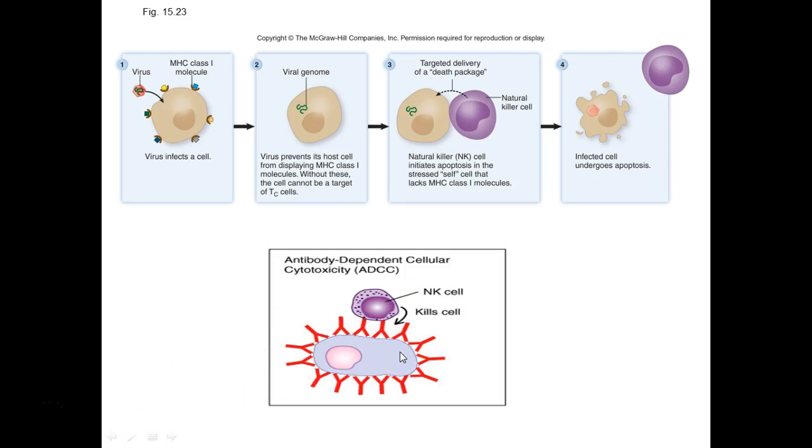So it's killing that cell because the antibody is recognizing it. So this process of an antibody and a natural killer cell killing a cell is referred to as antibody dependent, right? You've got to have the antibody for this to happen. Cellular, because it's a cell. Cytotoxicity, because the natural killer cell is going to cause the death of that cell that's coated in antibodies.